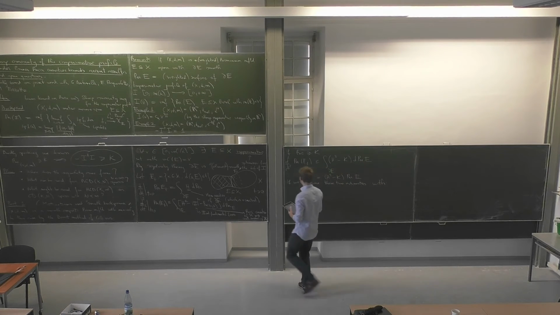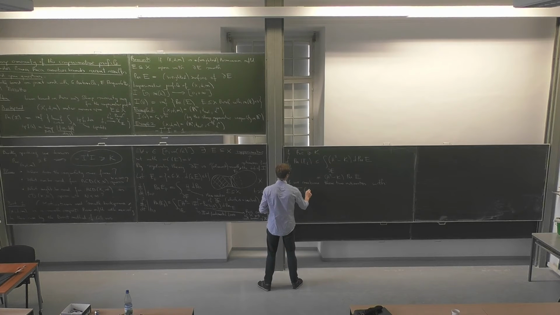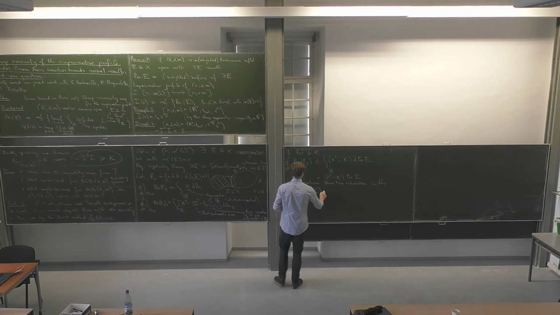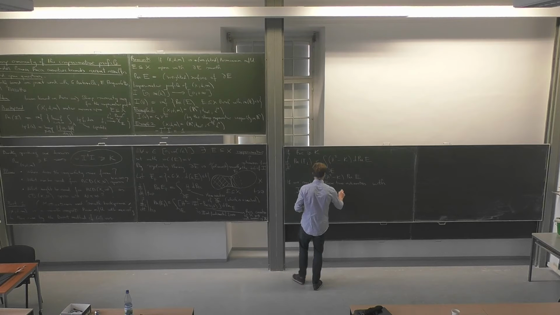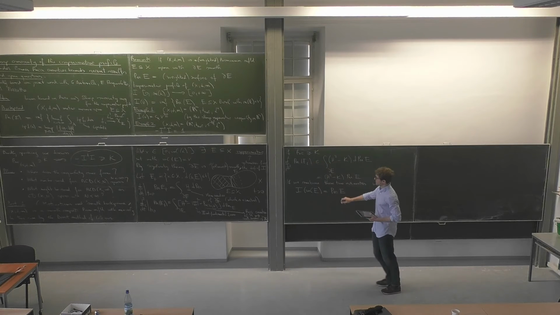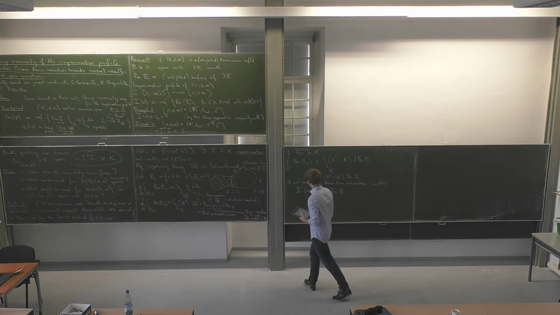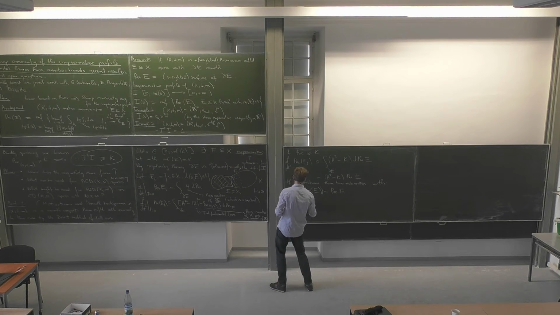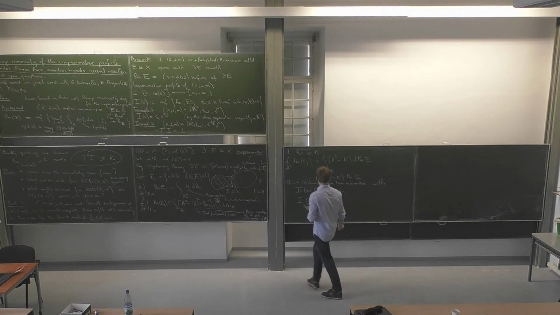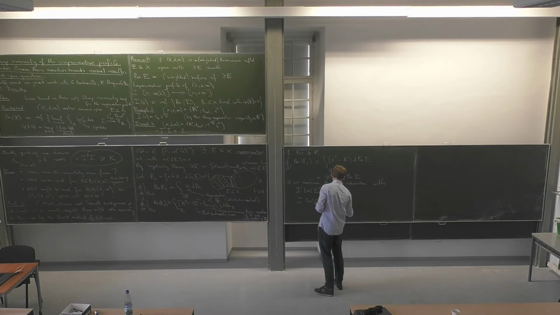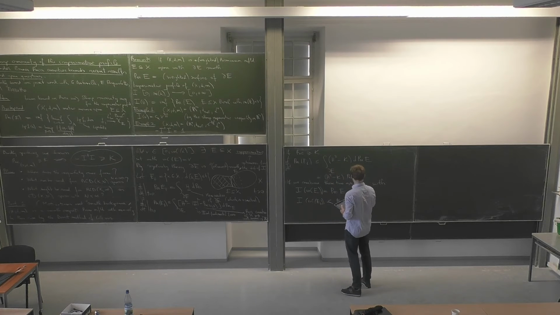The observation is that I of the volume of E is equal to the perimeter of E, the reason being that E was an optimizer for the definition of the isoperimetric profile. And on the other hand, I of the volume of E_t is certainly less or equal than the perimeter of E_t.